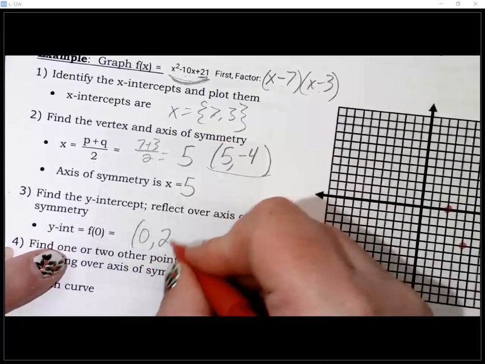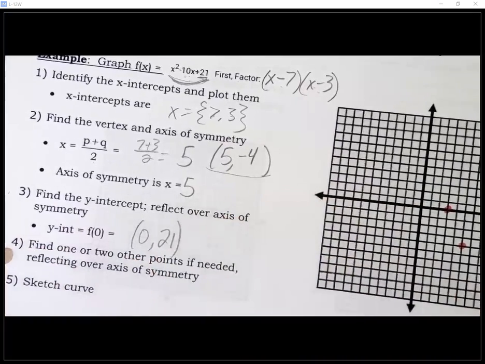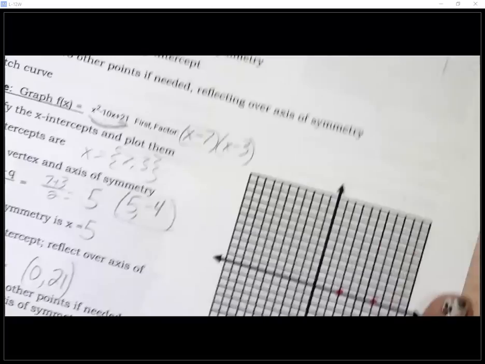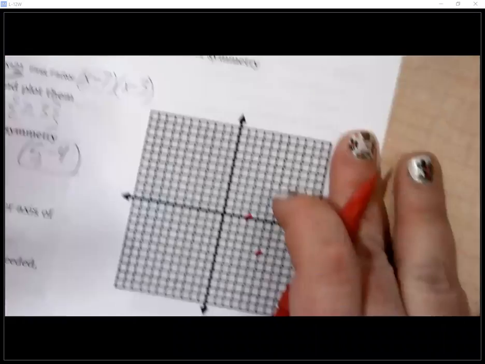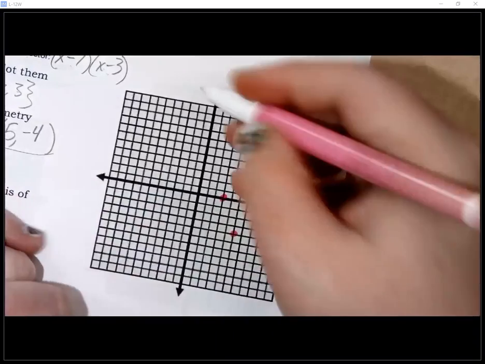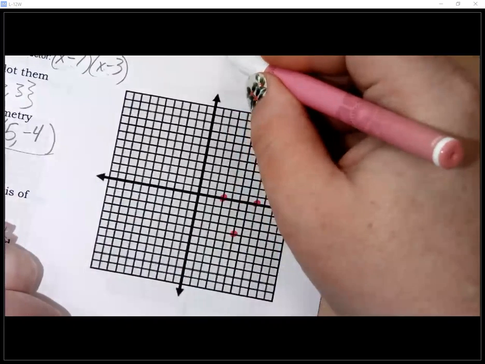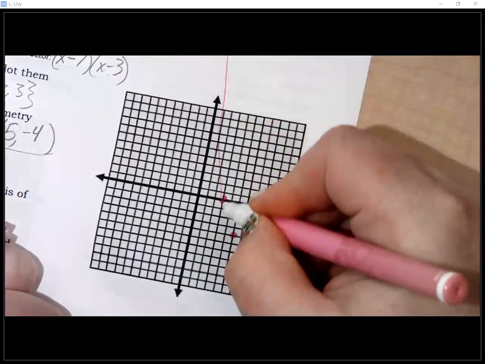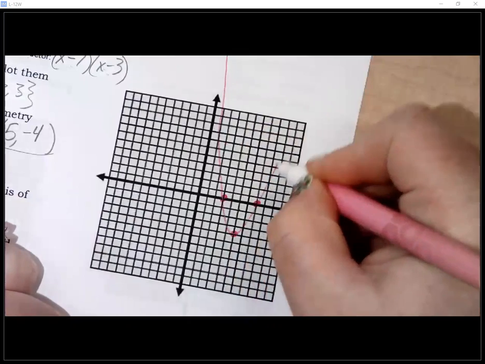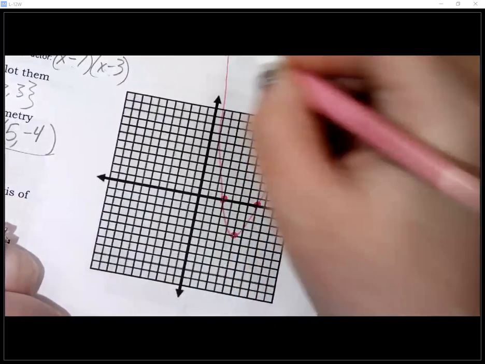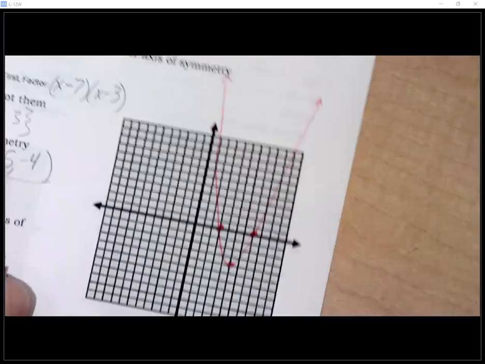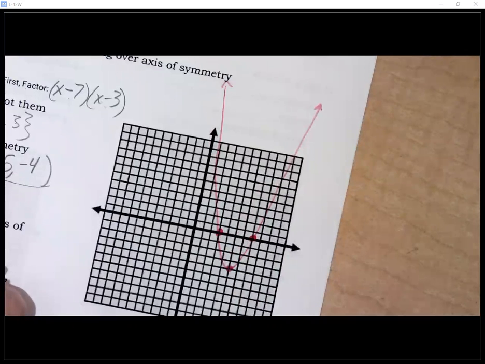You just take 0 and pop it into the original for x, right? So unfortunately, that's going to be way off my graph. But if I were to sort of draw this parabola, it makes sense that my y-intercept is way up here at 21, right? That's a reasonable number. So even though I can't graph it because it's just way too high, I know I'm in the right ballpark. If I got the y-intercept with -3, that wouldn't make any sense with this graph, so I would know something is wrong.